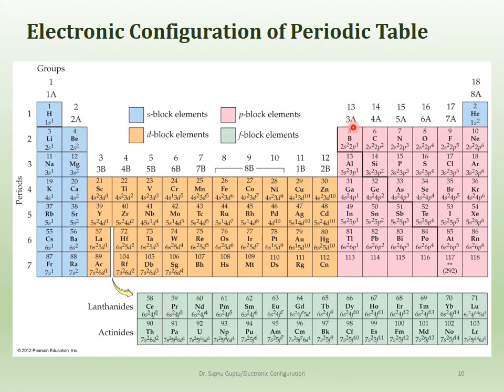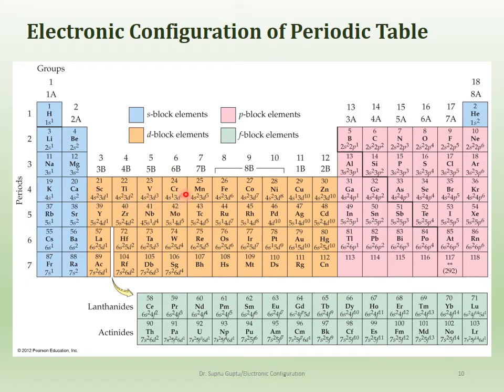Then you come to group number 3. Now S is already filled up, so you start filling with P, and so P is 1, 1, 1, 1, 1, and then this carbon group is P2, the nitrogen group is P3, P4, P5, P6. That's how it goes. And then here we have the D block. In the case of the D block, there is D1, D2, D3.